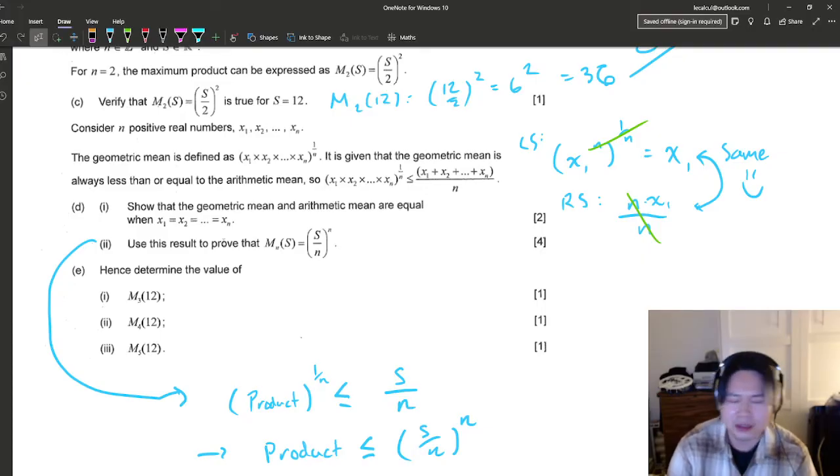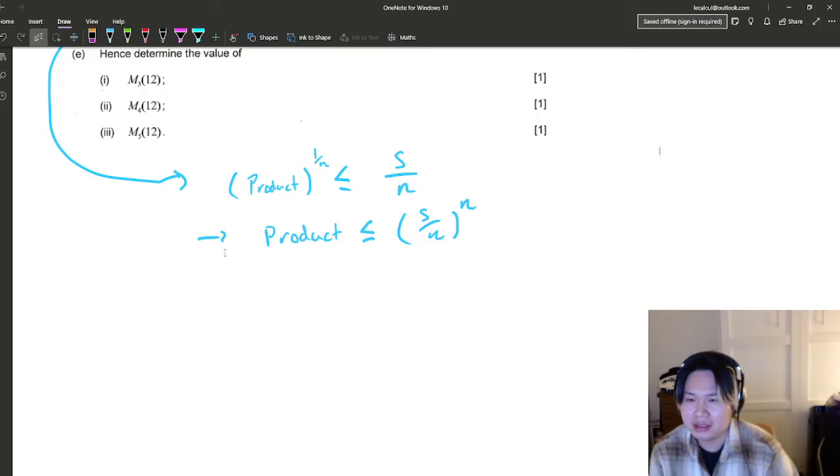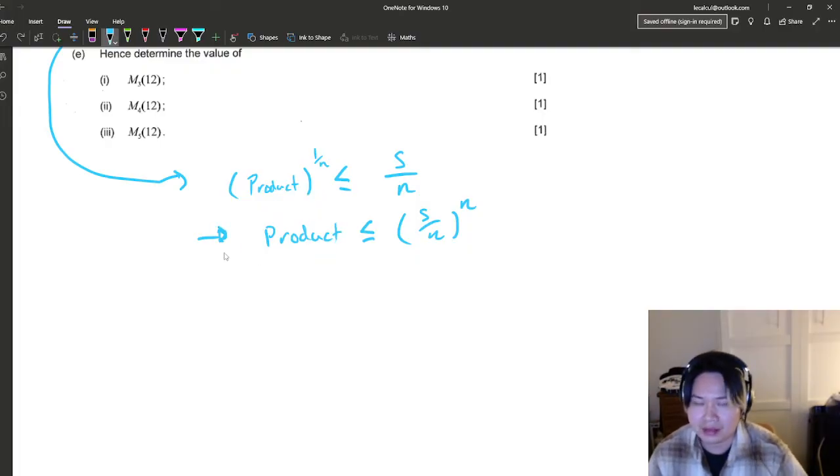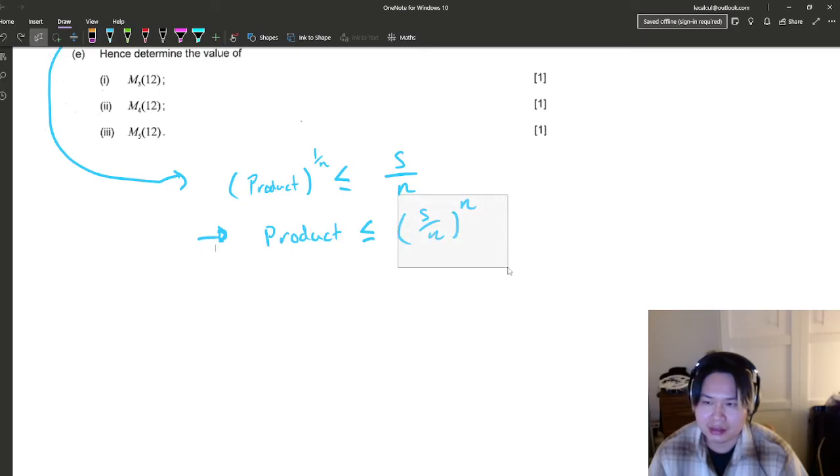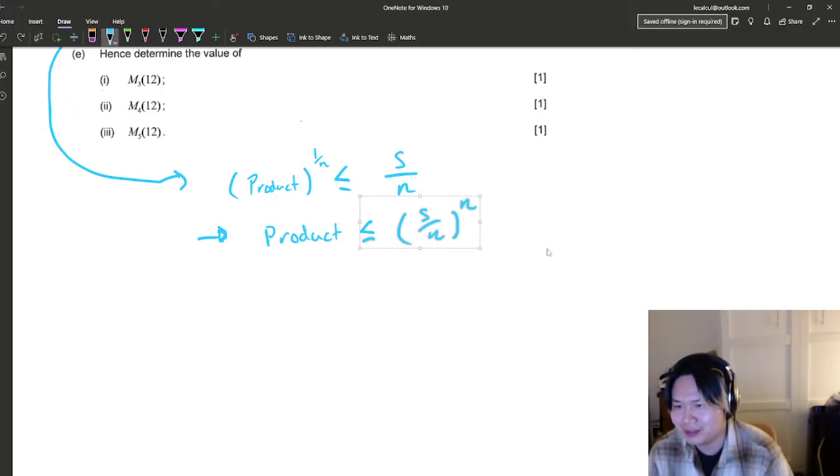Oh wait, this is stupid. So the product will always be less than this number. The only way that it could be this number is if they're equal. So anyways, this is the maximum, of course. Okay. Stupid.